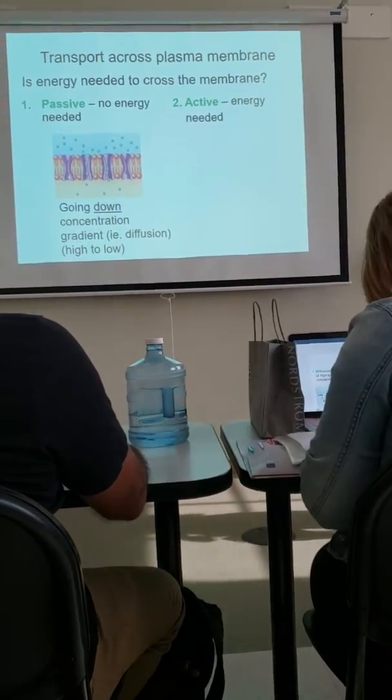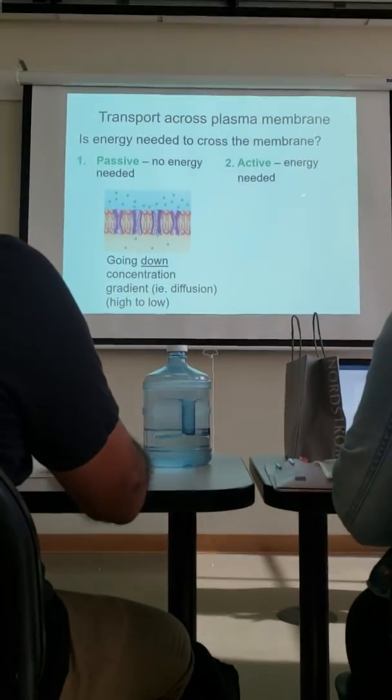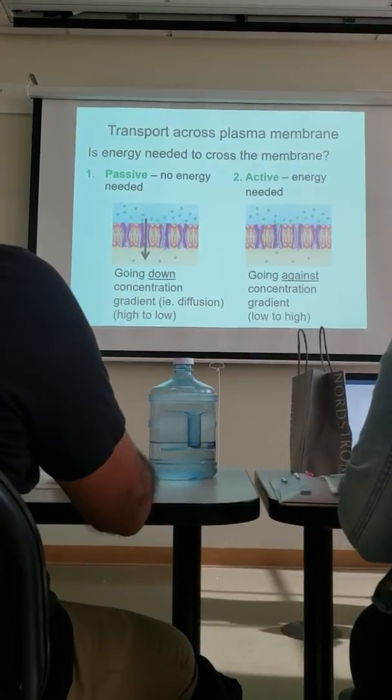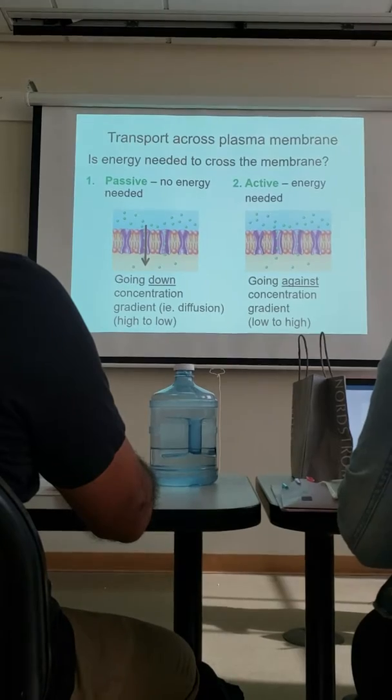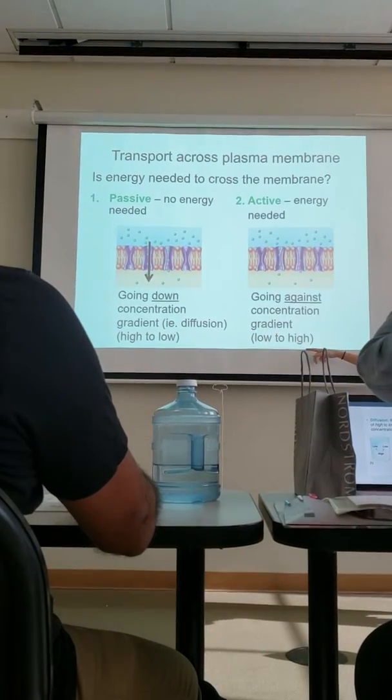But when you're needing to use energy, or we call it active transport, that's going to be when you go against the concentration gradient, when you go from low to high concentration.